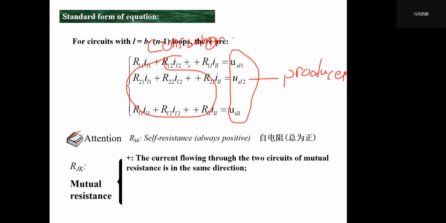And we also know that for two loops, their loop currents may share more than one common branch. So this is what we have to pay attention to.